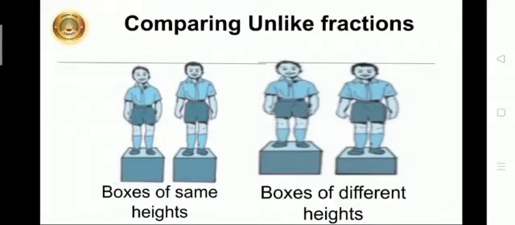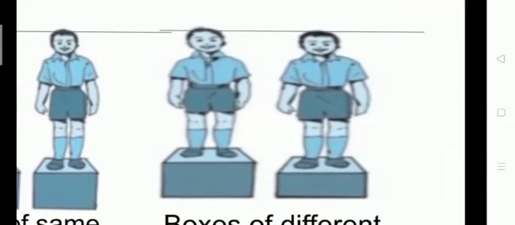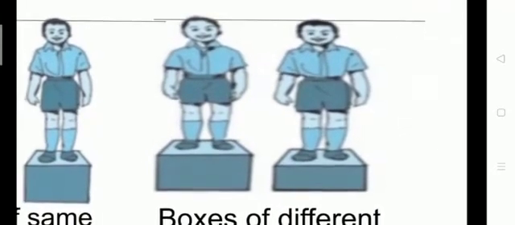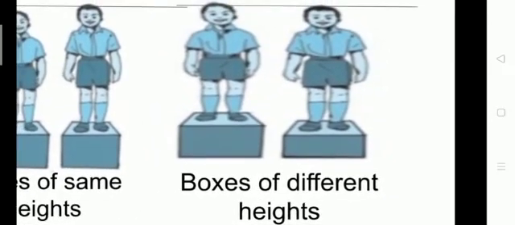Comparing unlike fractions. Here you can see 2 pictures. In this picture, that is on the right hand side, there are 2 boys having different heights on the boxes of different heights. If we are asked to compare their heights, it becomes difficult for us, as their heights appear to be almost equal.